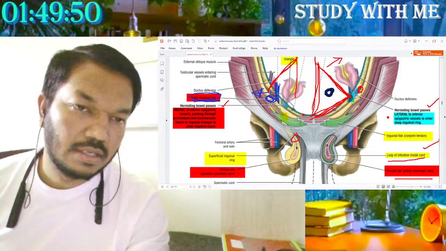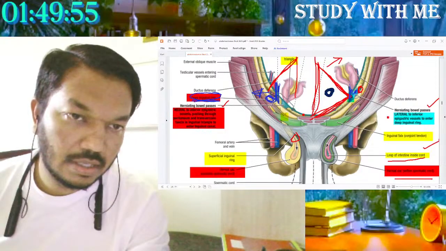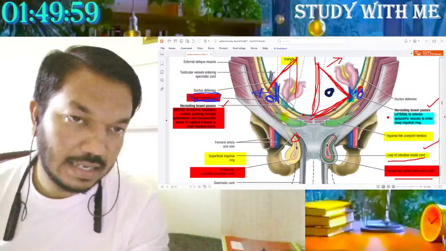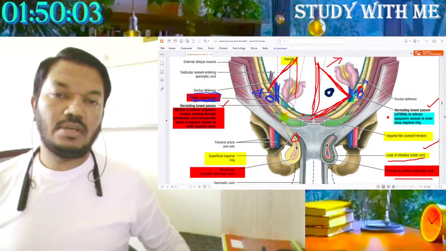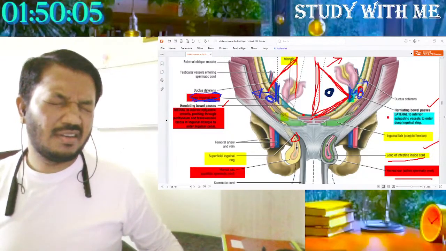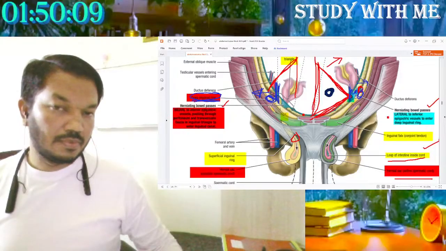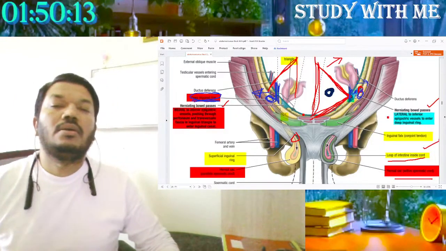Here again you can see this is the vessel, but deep inguinal vein will be here, and it is lateral, meaning outside of the external iliac vessel. Just remember this part. Why?